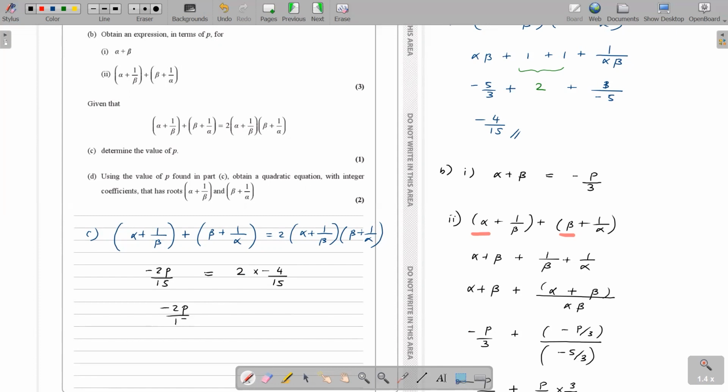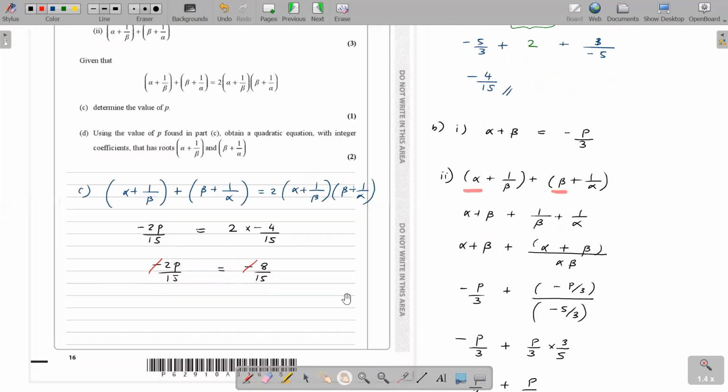You just need to make P the subject. 8 over 15 into 15 over 2. So you get here what? P equals to 4. So your P value here equals to 4. Is this clear?